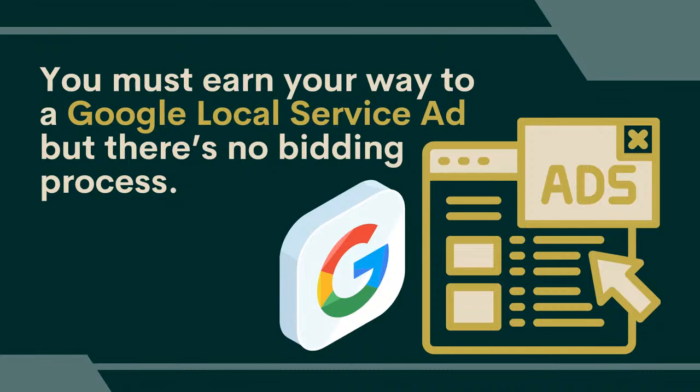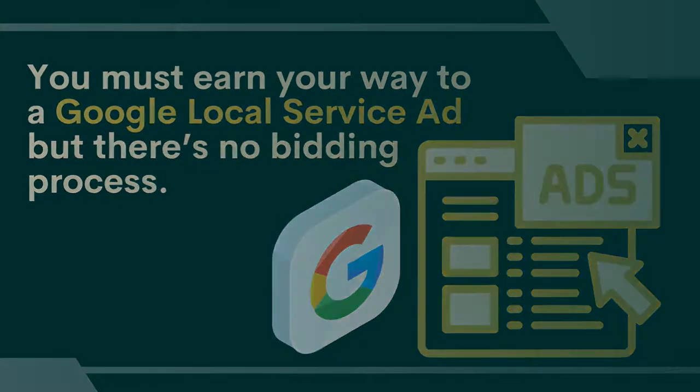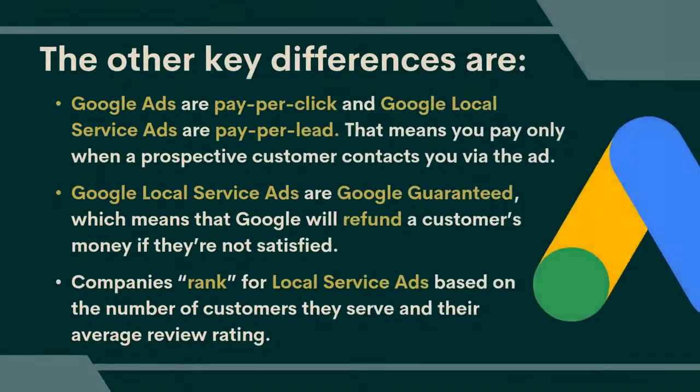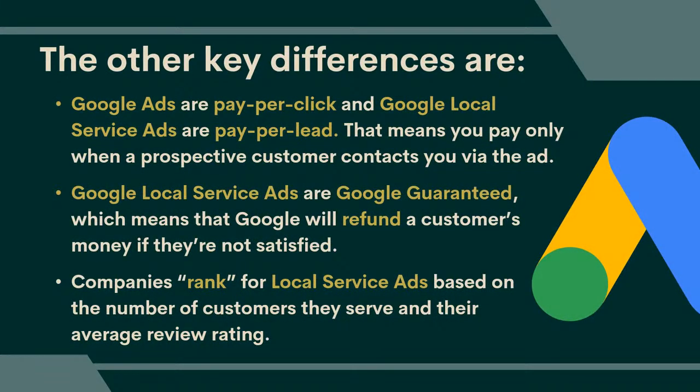You must earn your way to a Google local service ad, but there's no bidding process. The other key differences are Google ads are pay-per-click, and Google local service ads are pay-per-lead. That means you pay only when a prospective customer contacts you via the ad.